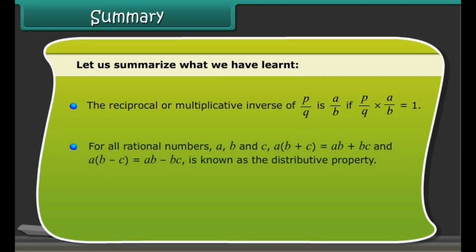For all rational numbers a, b and c, a times (b plus c) is equal to ab plus ac, and a times (b minus c) is equal to ab minus ac, known as the distributive property.